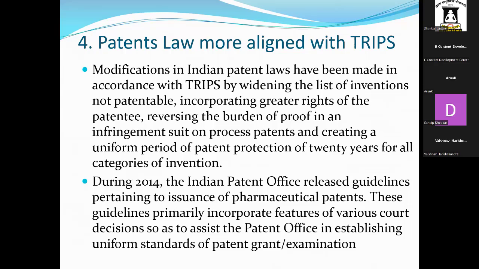During 2014, the Indian Patent Office released guidelines pertaining to the issuance of pharmaceutical patents. So now for pharmaceuticals concerning drugs and allied products, these guidelines primarily incorporate features of various court decisions so as to assist the patent offices in establishing a uniform standard for patent grant and examination.